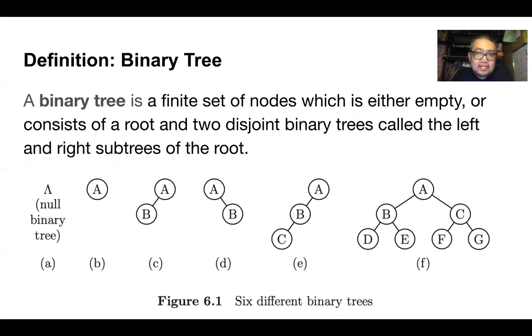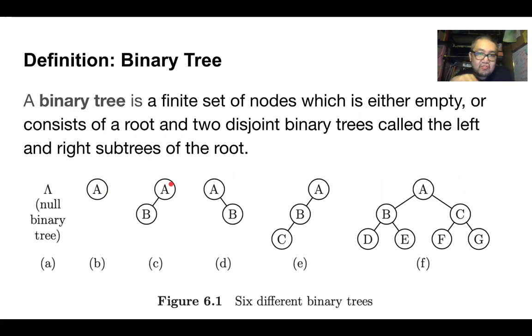So essentially, when we say a binary tree, it has, number one, a finite set of nodes. So we will not have a binary tree that has an infinite set of nodes, which is either empty. So we can actually have an empty binary tree, or it can consist of a root and two disjoint binary trees, the left and the right subtree.